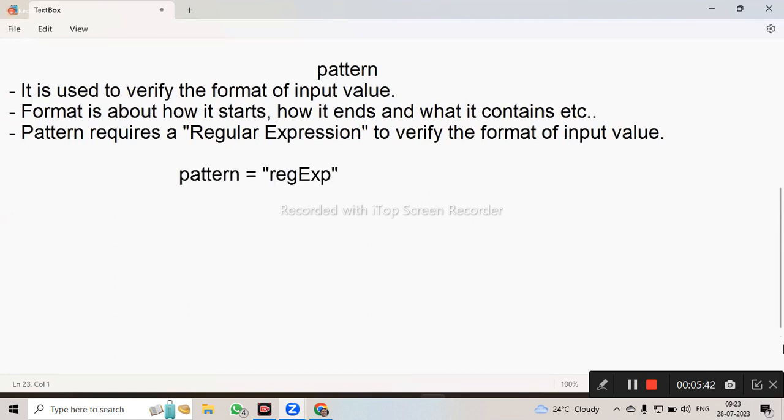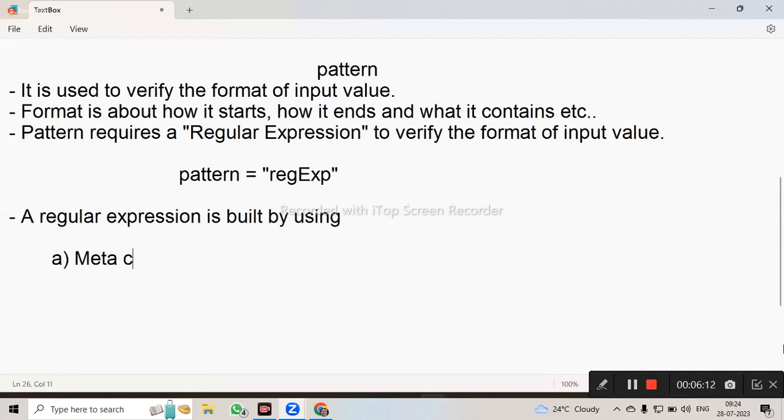So pattern needs a regular expression in double quotes. How do we write a regular expression? Generally, a regular expression is built by using two basic things: meta characters and quantifiers.